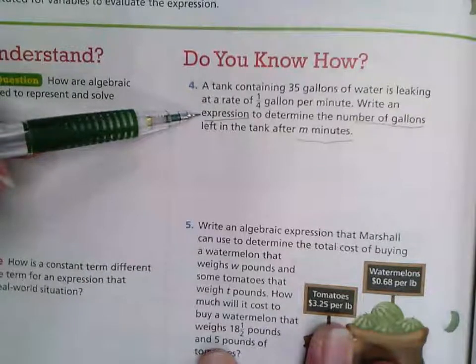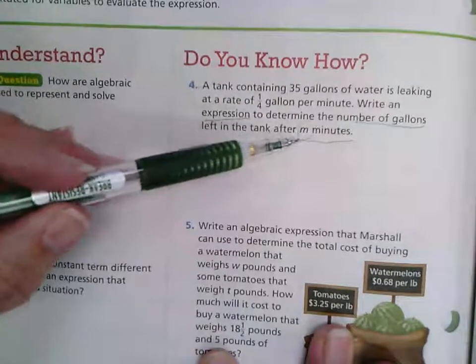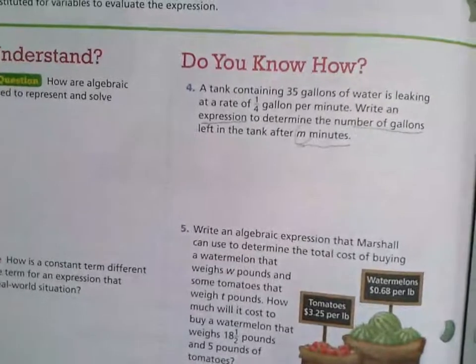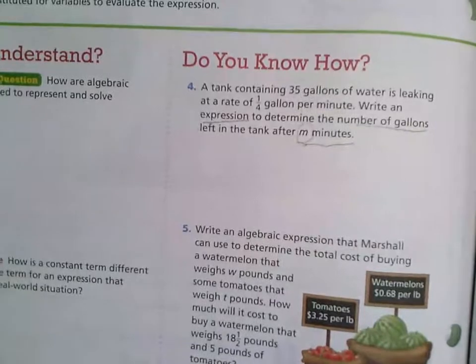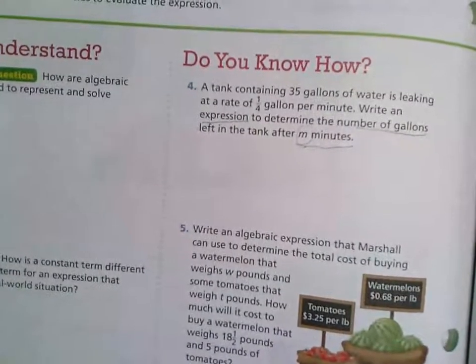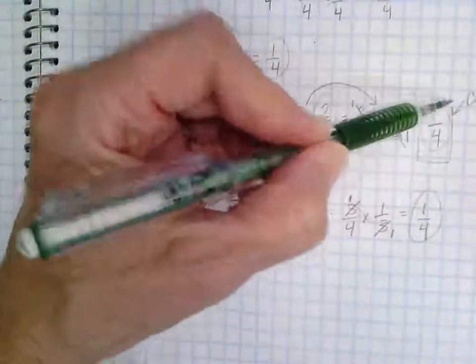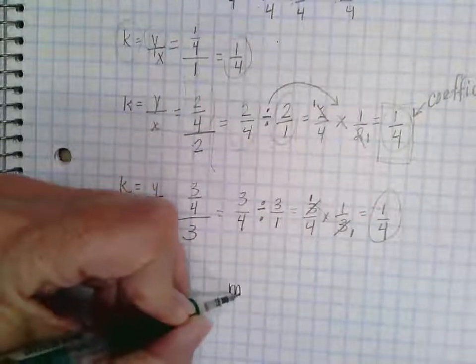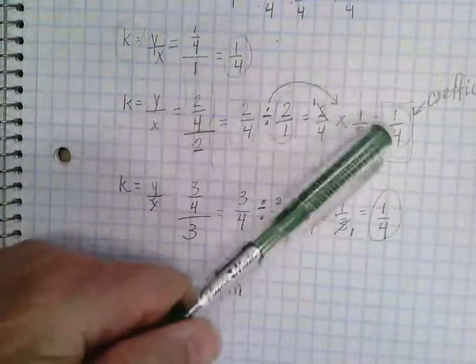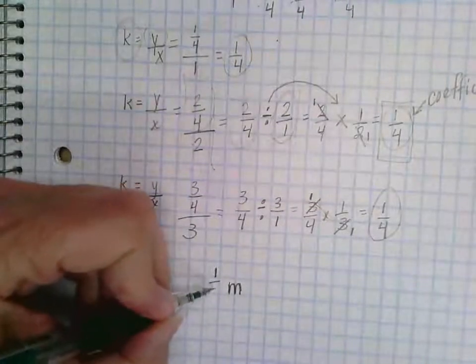Write an expression to determine the number of gallons left in the tank after m minutes. So maybe we want to know 12 minutes or 35 minutes or 16 minutes. We want to tie our constant of proportionality to that m. The coefficient goes in front of the variable.